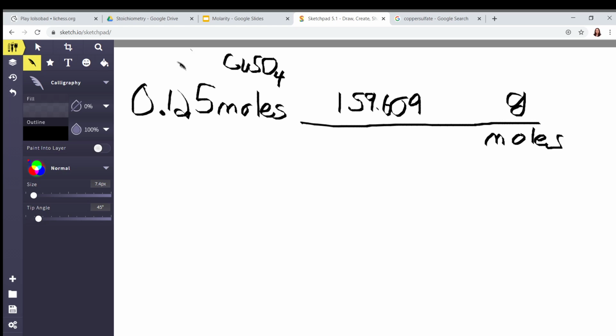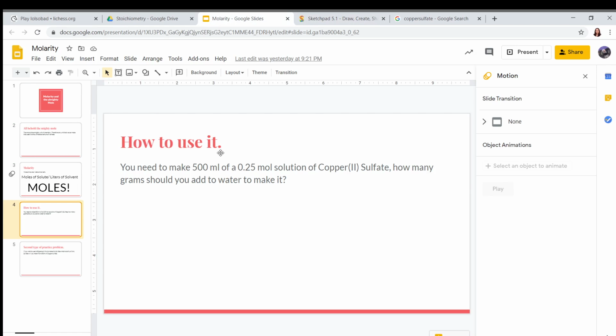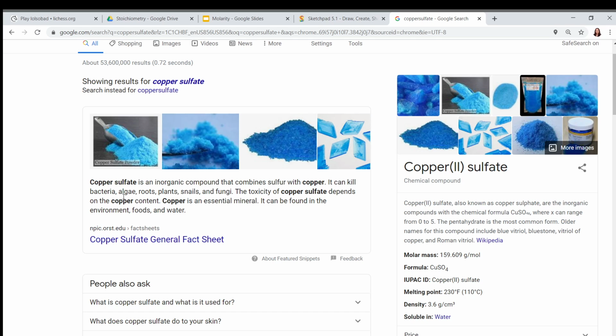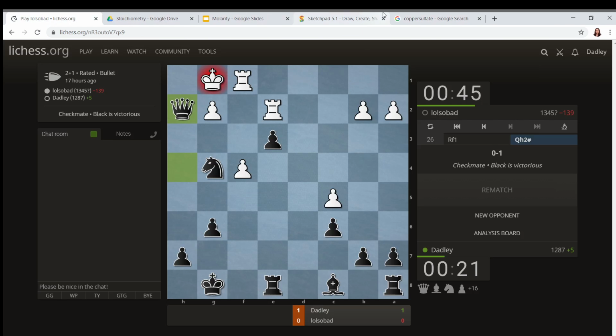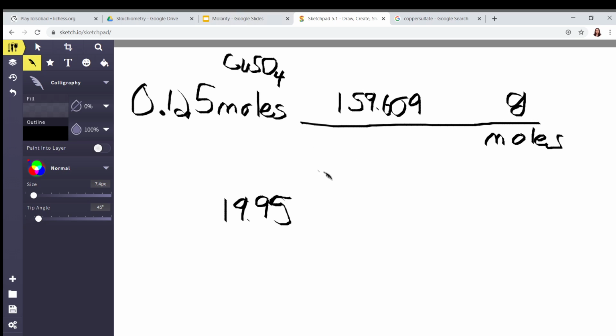Which means that if I wanted to make 0.25 molar, and I wanted to make 500 milliliters of it, I would have to measure out 19.95 grams of copper sulfate. Okay? And that's how all of these problems are going to go in some form or another.